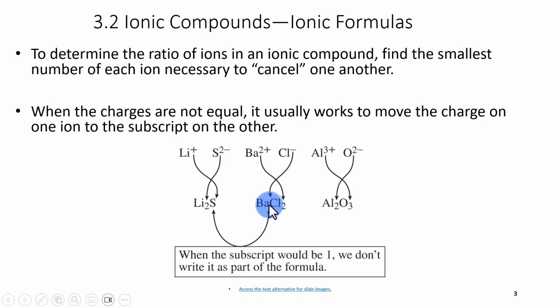Note once again that I don't write it because it is implied. I don't write the 1 as a subscript, even as a charge. So the formula of the ionic compound that is formed from the barium ion and chloride ion is BaCl2, because I need 2 chlorides, each with a -1 charge to give me a total of -2 to offset the +2 charge of the barium.